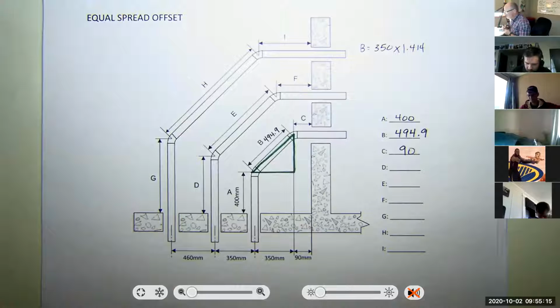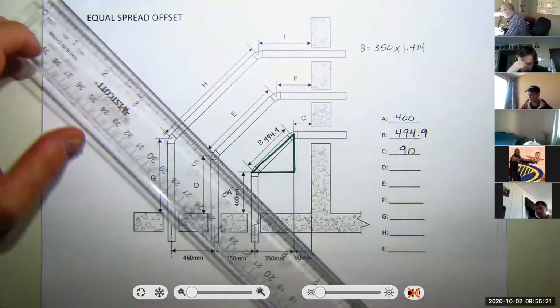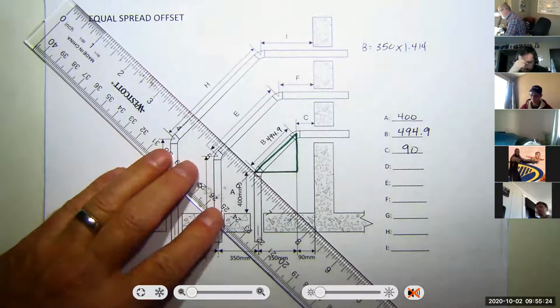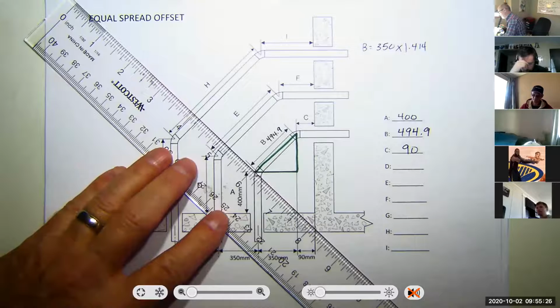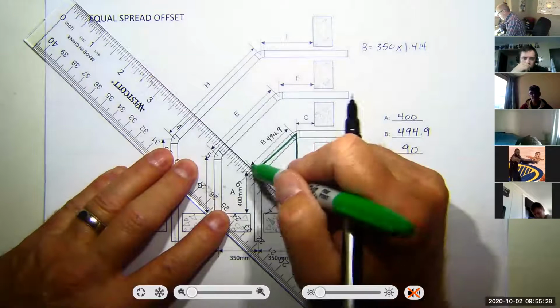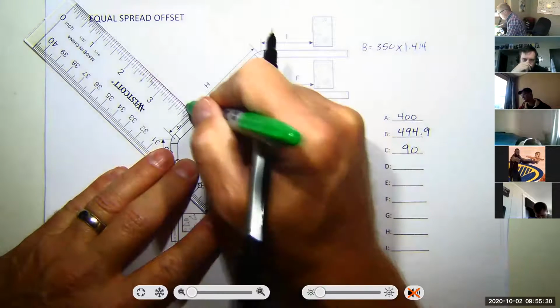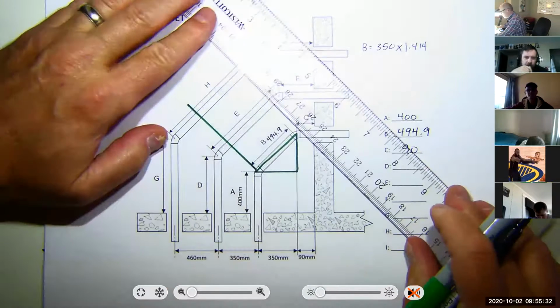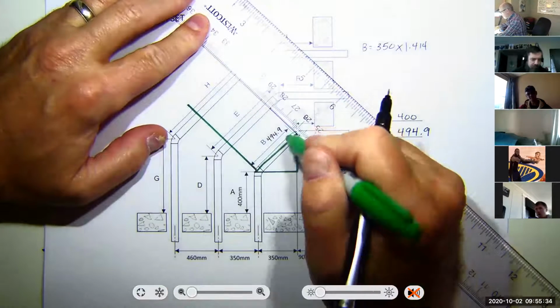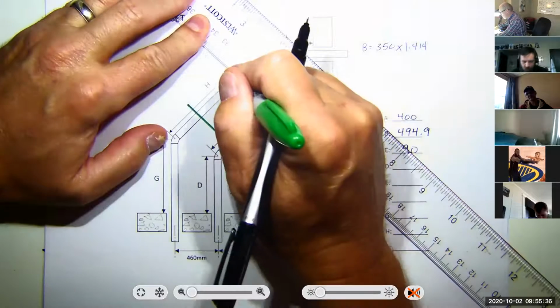Because the next step for doing this equal spread offset is I'm going to extend that measurement, that 494.9, through my equal spread offset. I'm going to put that measurement straight through.